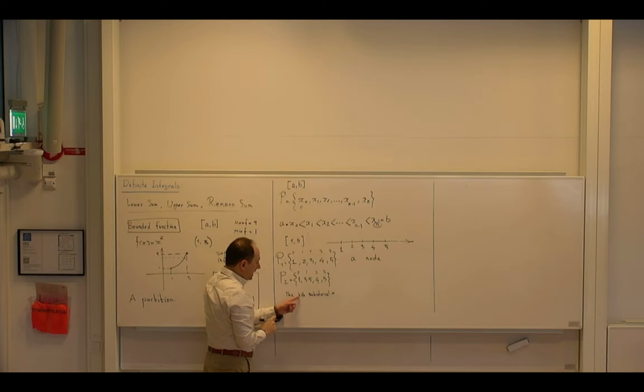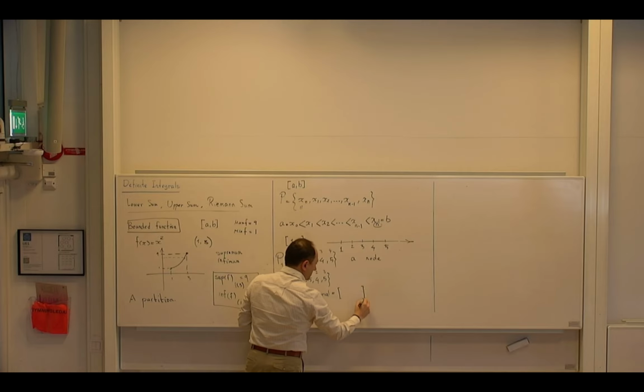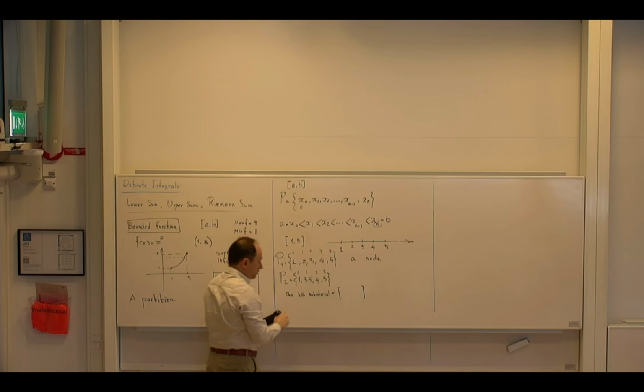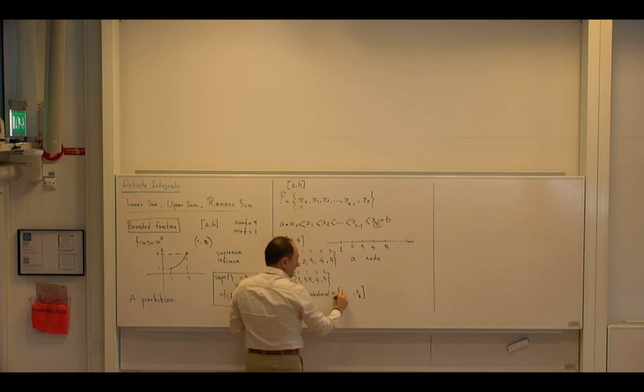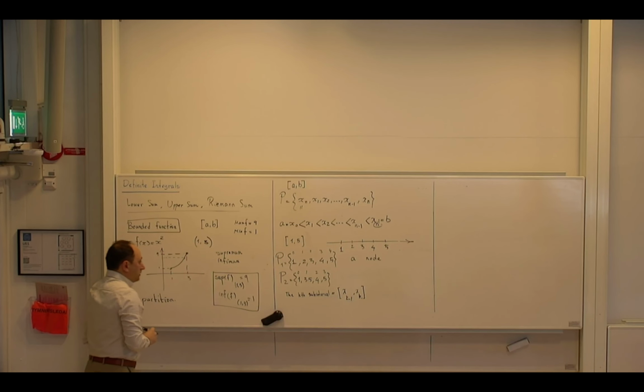So the kth interval will be from where to where? When you say first interval, the right index is 1. When you say the second interval, the right index is 2. So when you say the kth interval, the right index will be k, and the previous will be x sub k minus 1. So it's good to know. Okay?